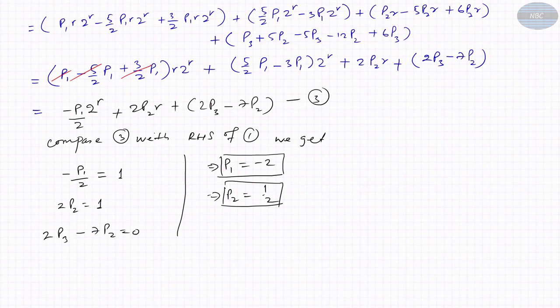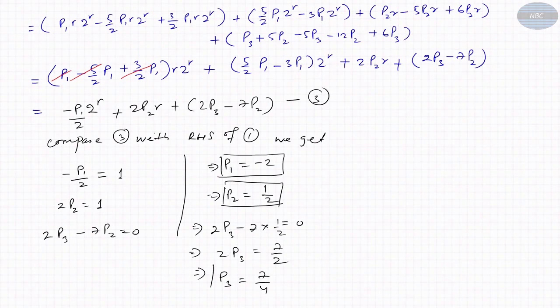So put the value of p2 here: 2 p3 minus 7 into 1 by 2 is equal to 0. So we have 2 p3 is equal to 7 by 2. Okay, and p3 is equal to 7 by 4.